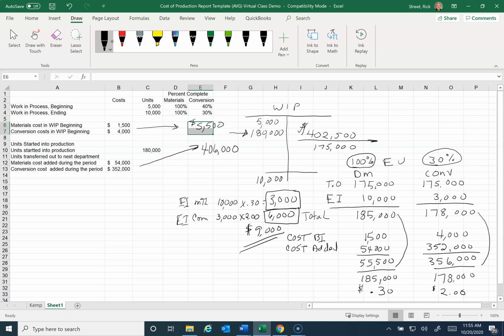So now that we have all these costs, the 406 is associated with the 180,000 units that were started. The 5,500 is associated with the 500 that we had in beginning inventory.